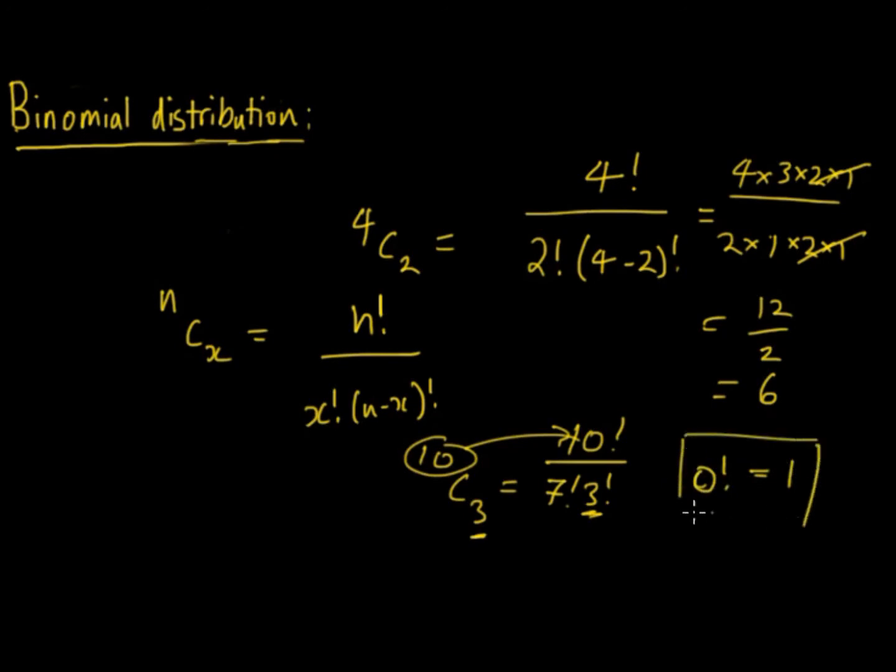You don't need to understand why in this course, just remember that 0 factorial is equal to 1. By implication, things like 10C10 will equal 10 factorial over 10 factorial times 0 factorial, which will just equal 1 because of this.